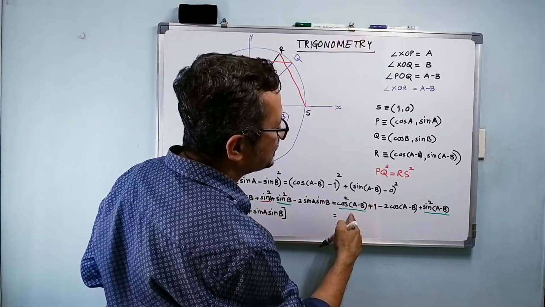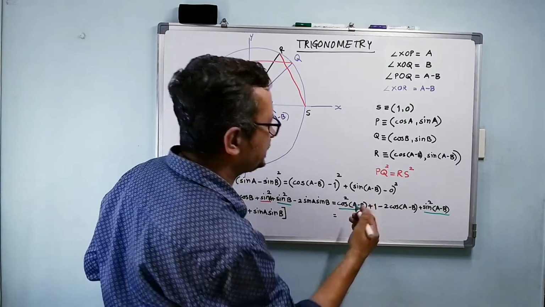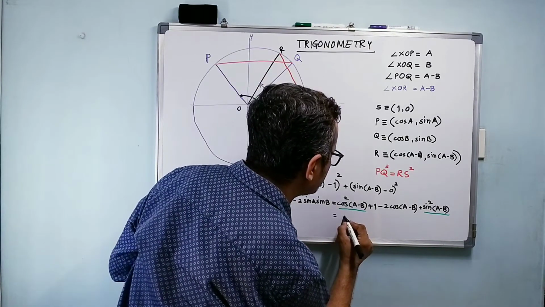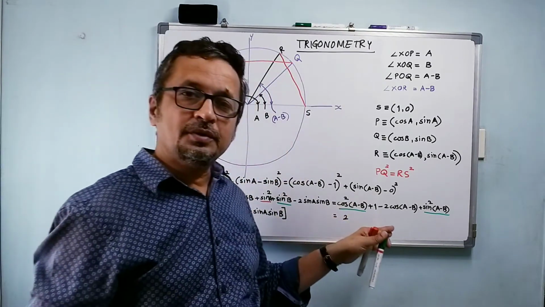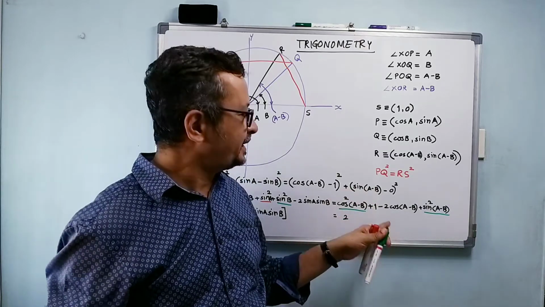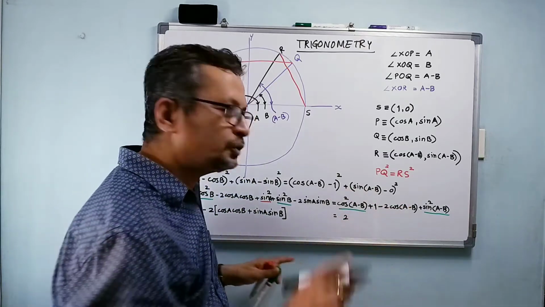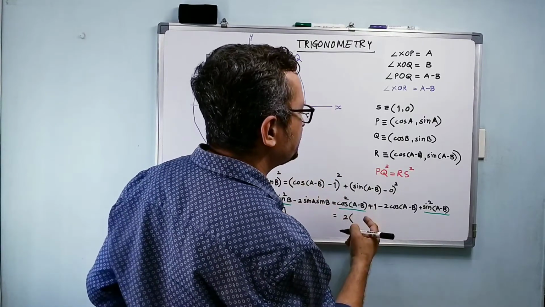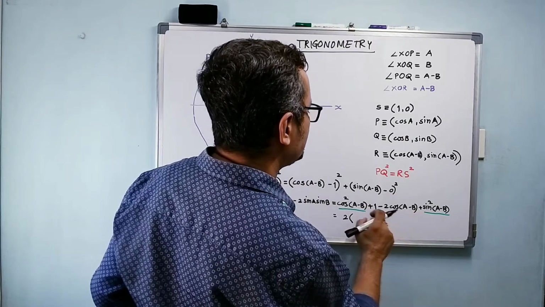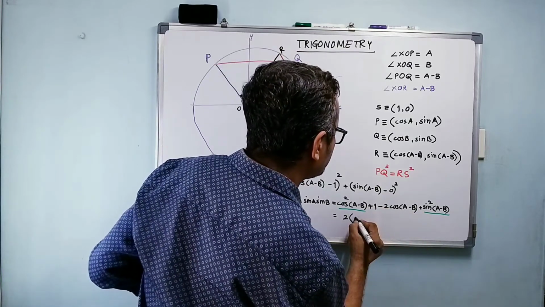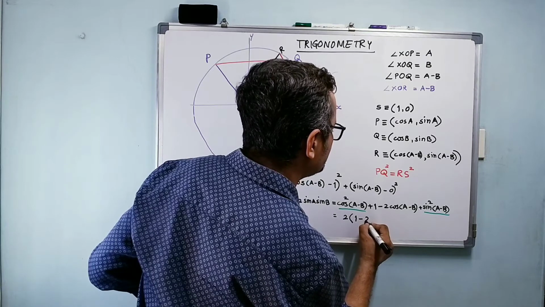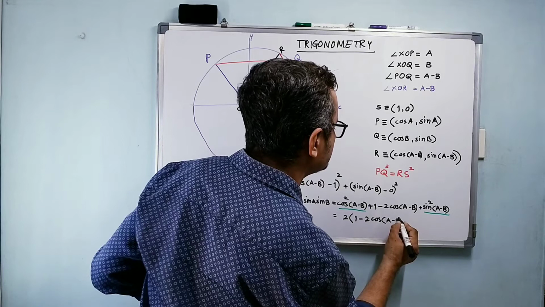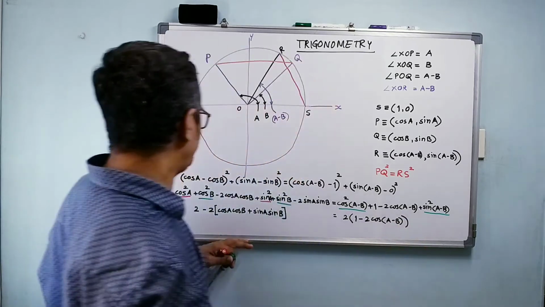So 1 plus 1, that is equal to 2. Now it is going to be 2 minus 2 cos (A minus B), correct? So I am going to take 2 common, and that will be 1 minus cos of (A minus B). Correct?